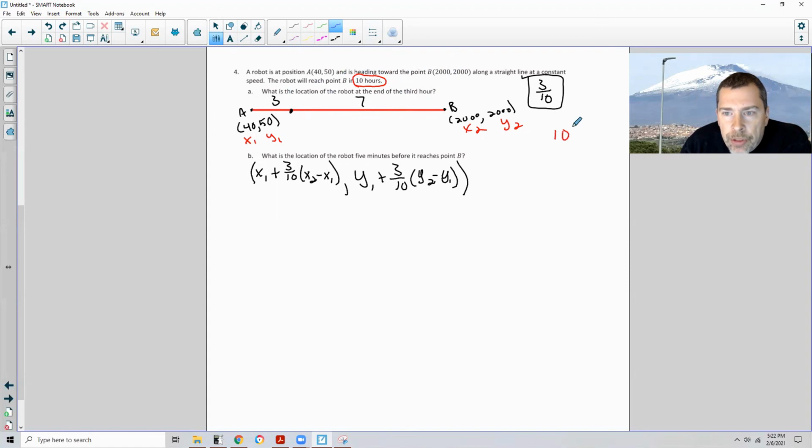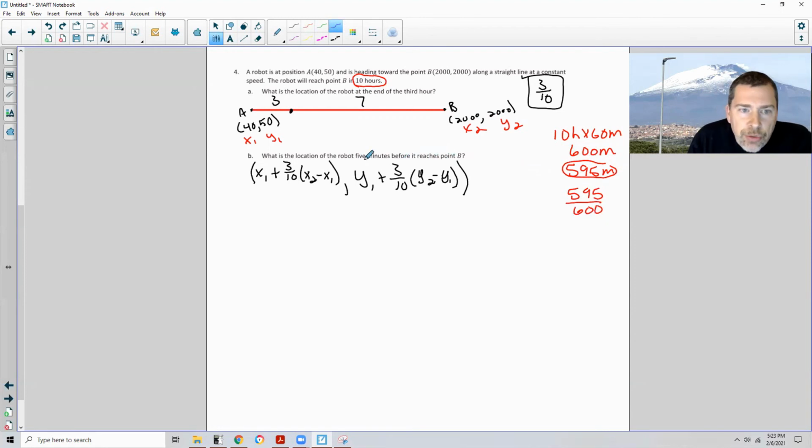So 10 hours times 60 minutes in an hour gives us 600 minutes. Okay. 5 minutes before 600 is 595 minutes. So we're going to be 595 out of 600. So that is my ratio for this problem, 595 over 600.